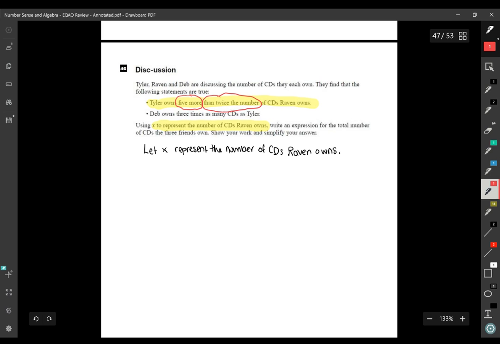Okay, so we know that twice the number, right? Well, if X is the number of CDs Raven owns, then twice the number would be 2X. Okay, and then it also says 5 more than twice the number, so it would have to be 2X plus 5.